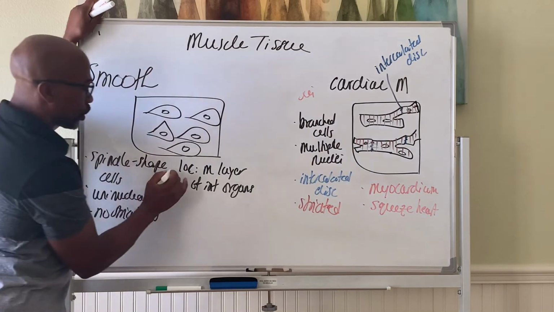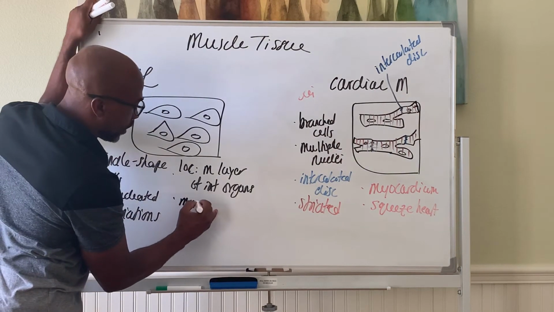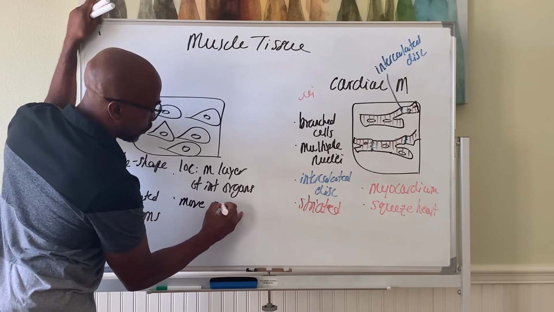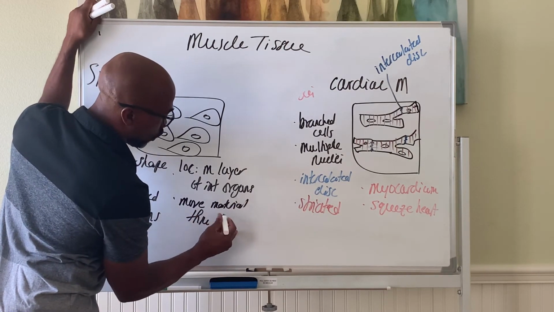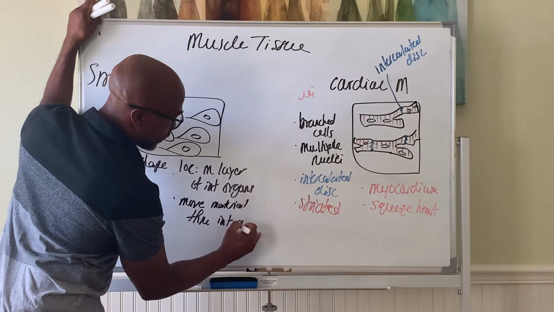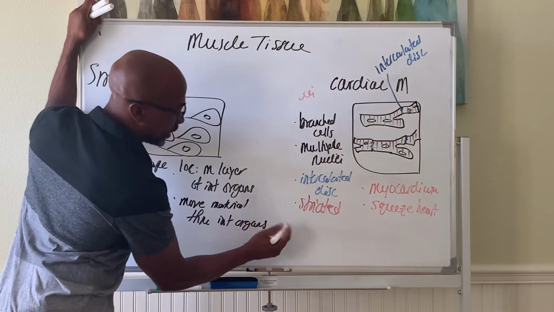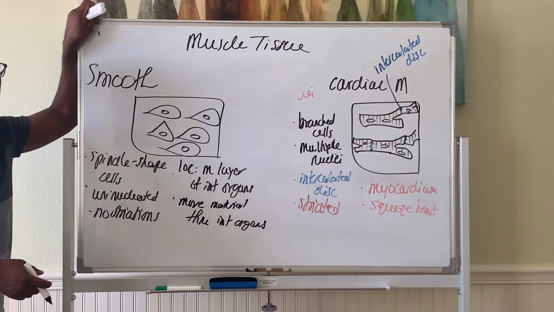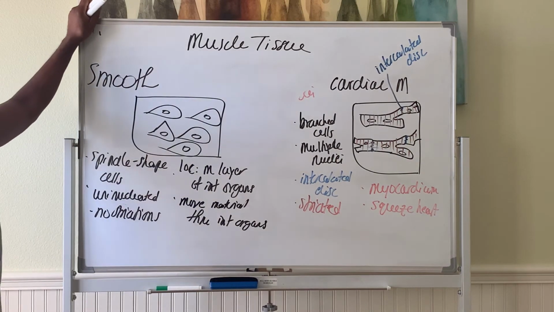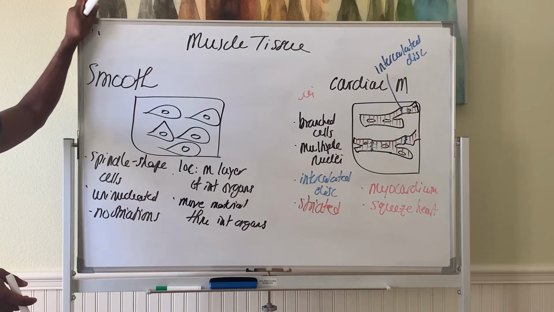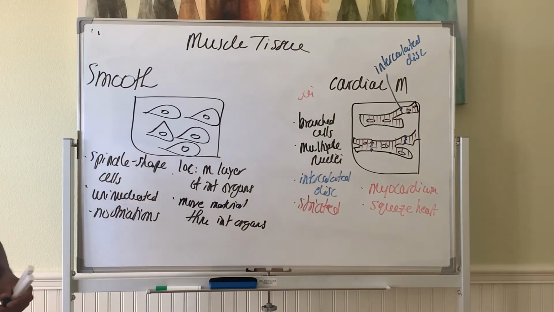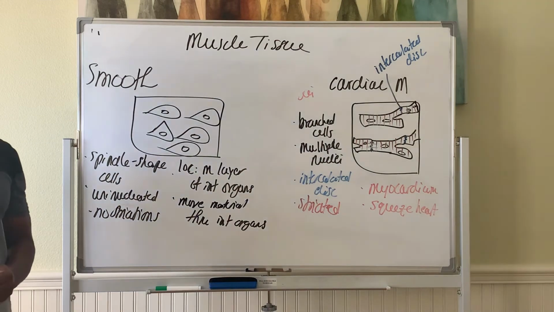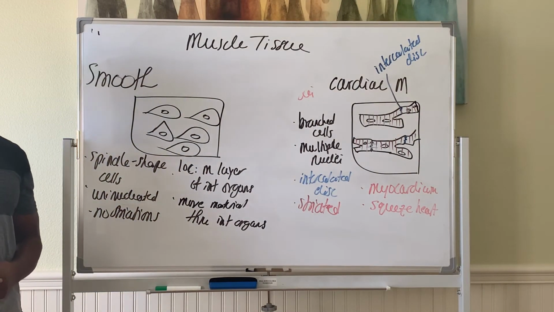So their job is to move materials through your internal organs. When your bladder squeezes, when the detrusor muscle squeezes, that's smooth muscle. When your muscularis externa squeezes to push food through the GI tract, that's smooth muscle. That's the job. Squeeze to move things through the lumen of your internal organs.